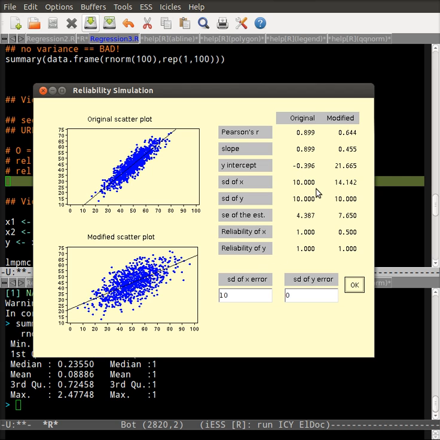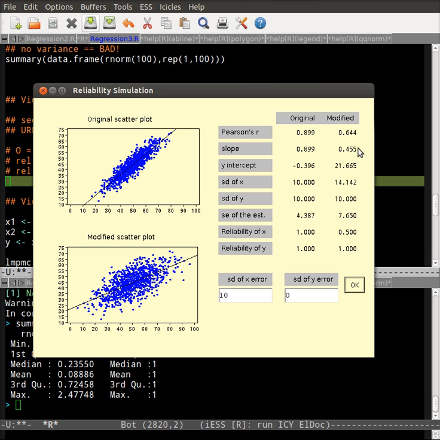So I've included the same part of error variance or standard deviation of x as was observed originally, and you can see now my modified x increases in its standard deviation, as well as the reliability. Remember, it's one part to one part. So the reliability of x is 0.5.